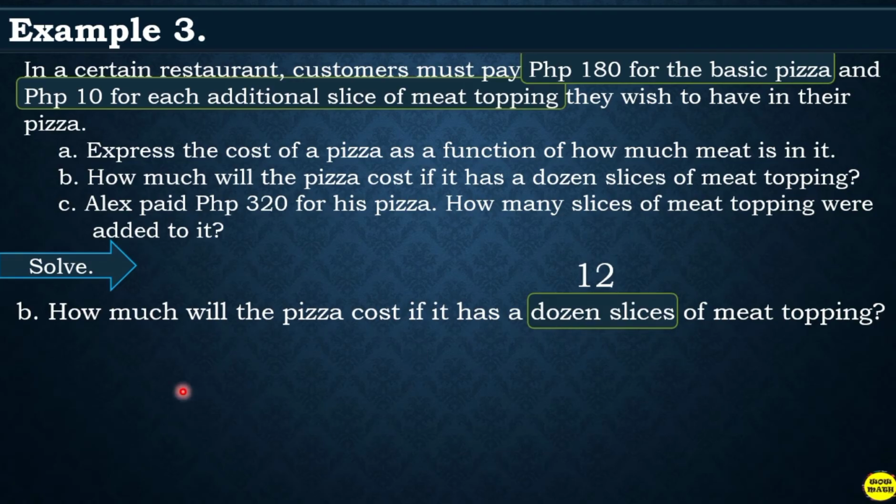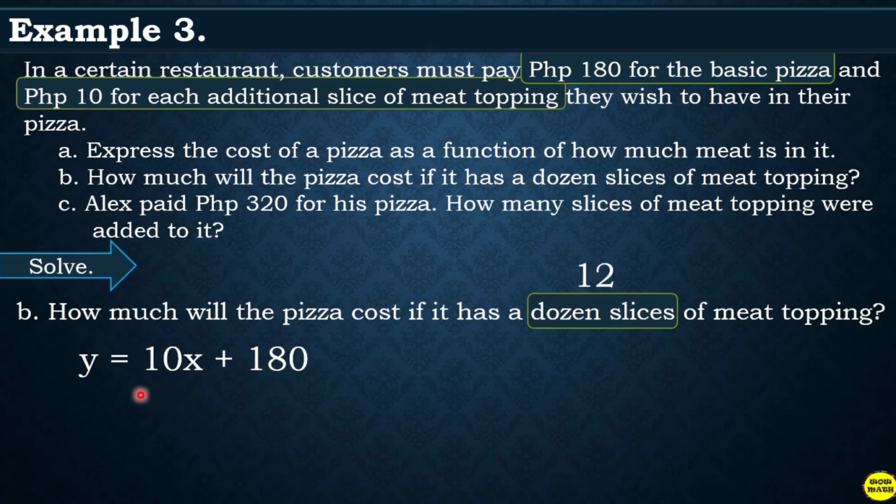Therefore, using the linear equation y equals 10x plus 180, which we had earlier, where y is the total cost of your pizza, 10 is the price of an additional slice of meat, x is the number of slices of meat you added, and 180 is the price of the pizza.